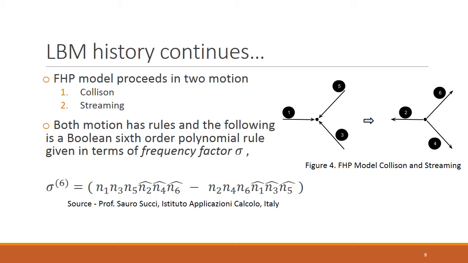The next part is not that important, but I like to mention that it's one of their basic fundamentals, and this is how they represented it. The Boolean motion has rules, and the following is the Boolean 6th order polynomial rule with a given collision frequency factor, and I think that's sigma.